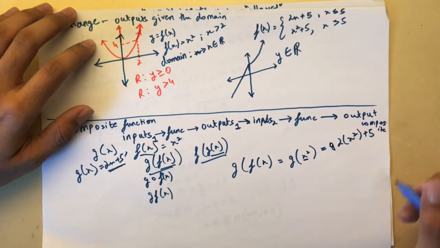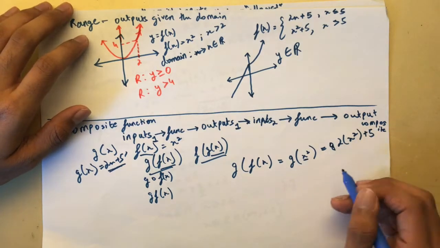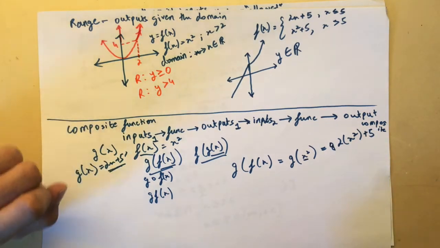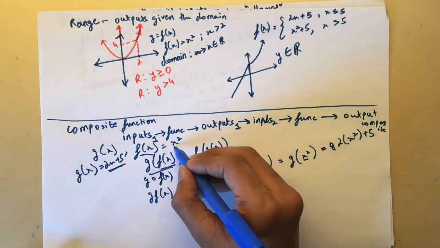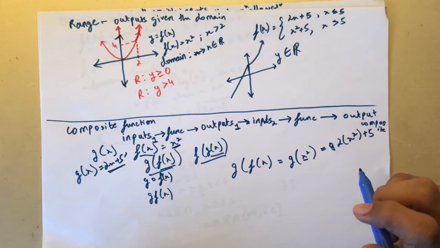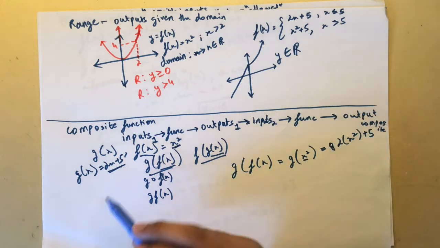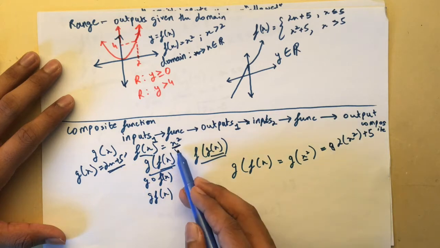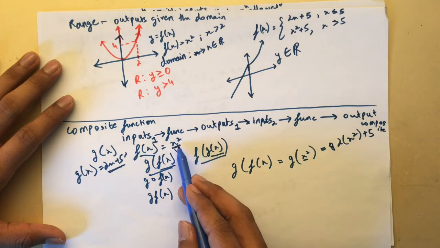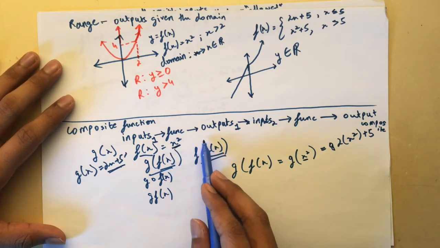So now, as you can see, what you basically do in a composite function is input the rule of the function into the inputs of the other function. So basically, you replace x with whatever polynomial or function is written here.